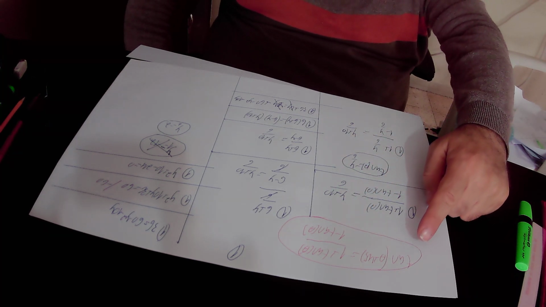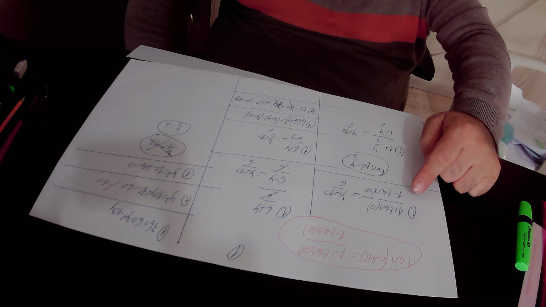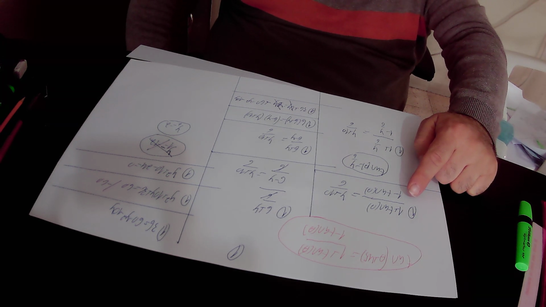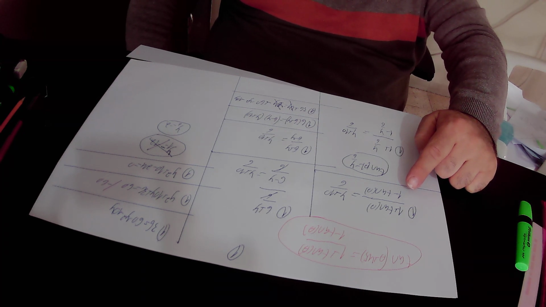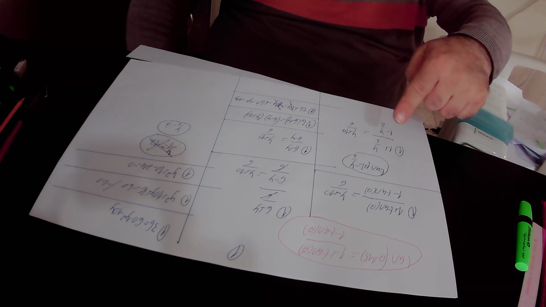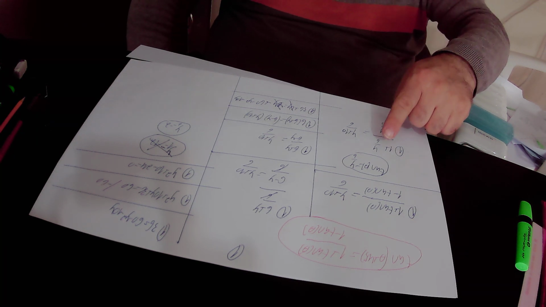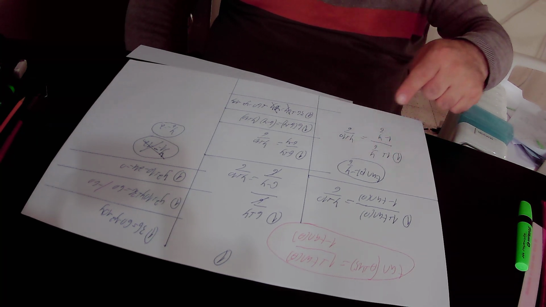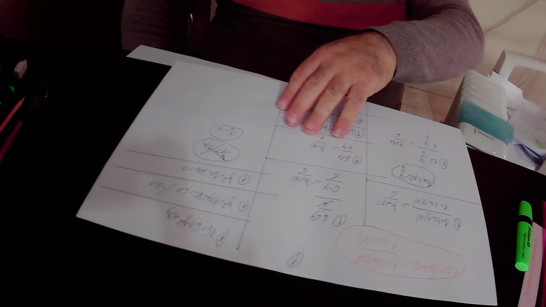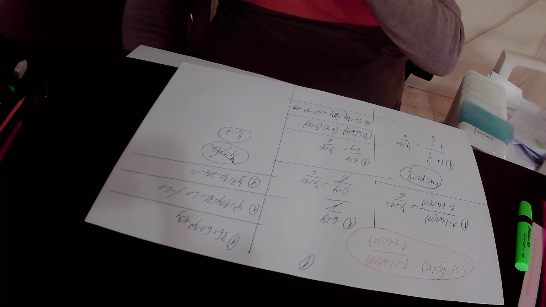Then we substitute the tan of theta plus 45 degrees in equation number 1 by this expression, 1 plus tan theta over 1 minus tan theta, and according to equation number 1, it is equal to y plus 10 over 6. Then we substitute tan theta by y over 6. We solve this equation, and we got a quadratic equation with two solutions.